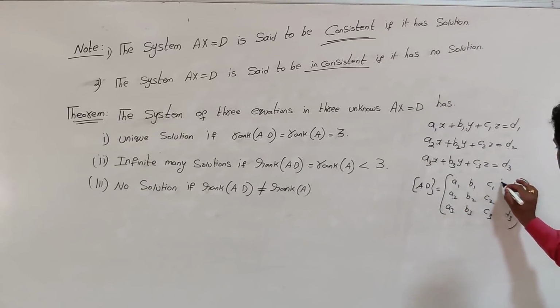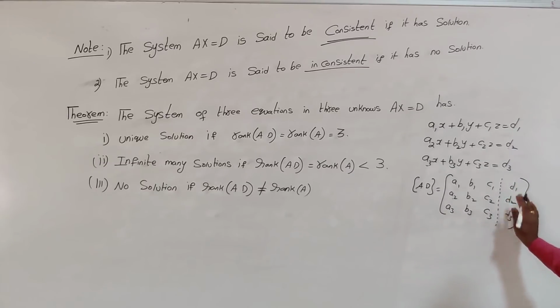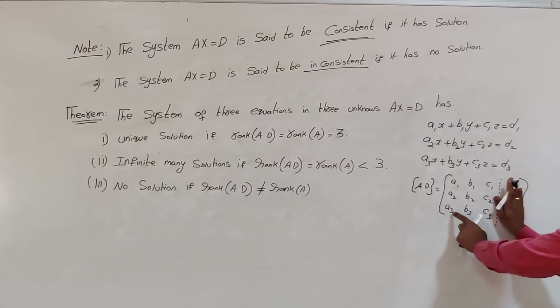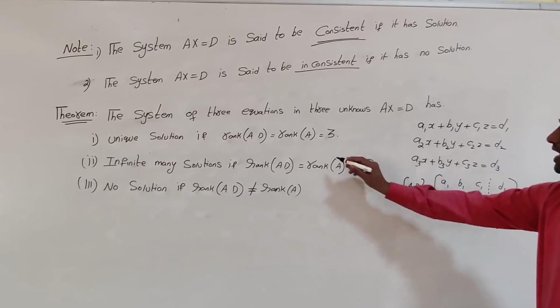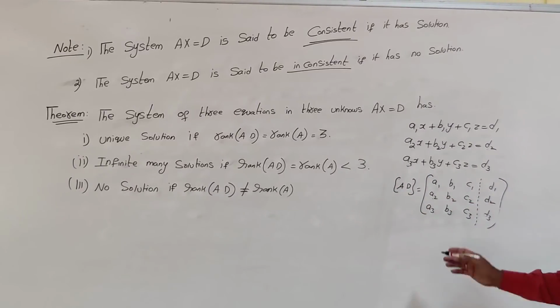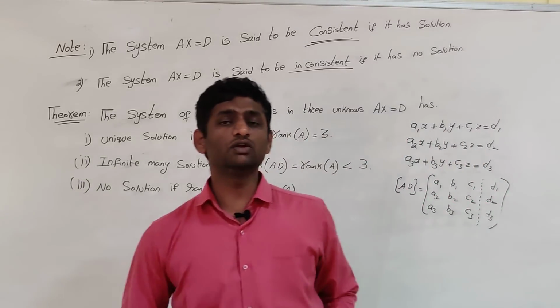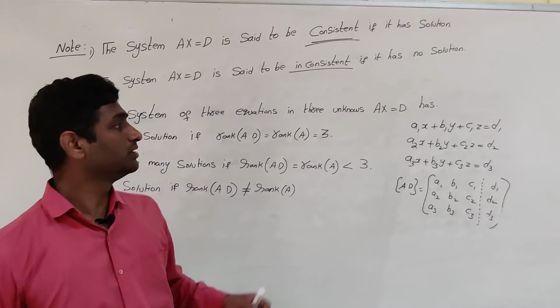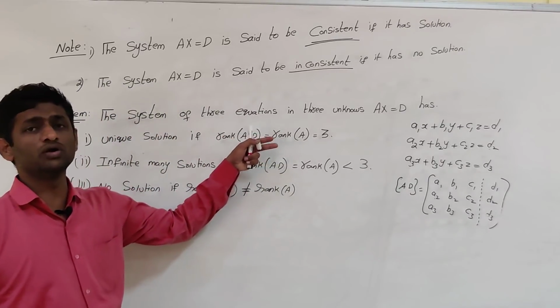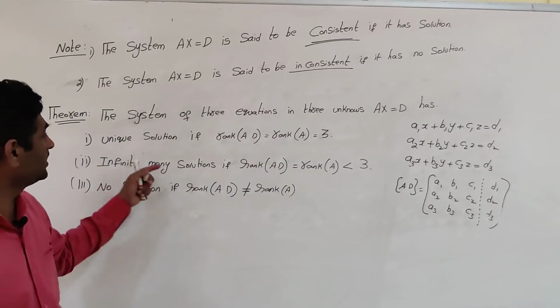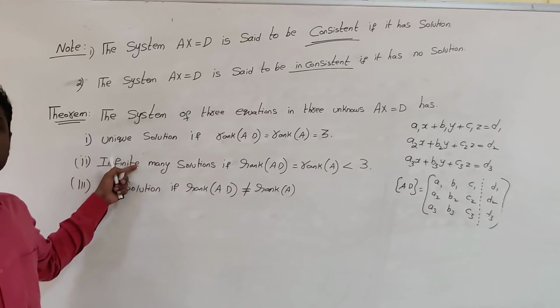Meaning if you separate this, it becomes only the rank of A. So the rank of this matrix and the rank of the augmented matrix are equal, and it is equal to 3. Why 3? Because there are 3 unknown variables. Then it will have a unique solution.